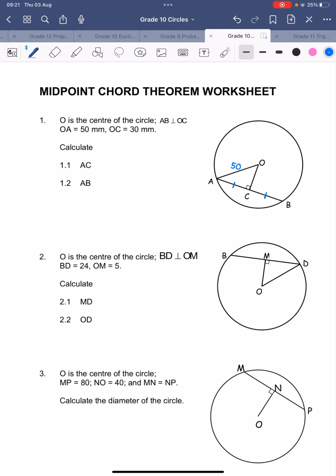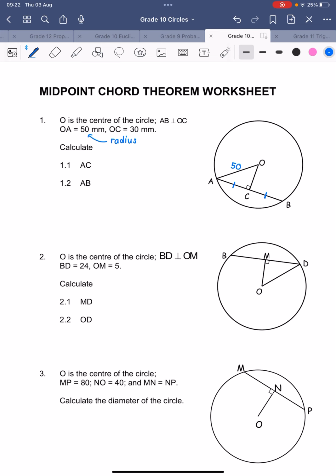So I'm just going to add that in. This is also the radius. So if we needed, for example, to use OB, we could then obviously draw in OB, and that would also be 50 millimeters.